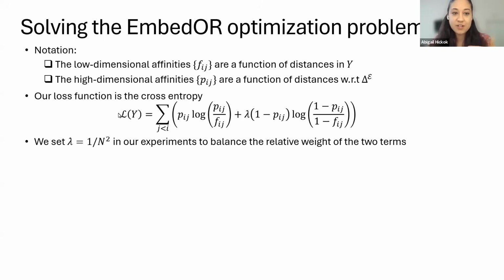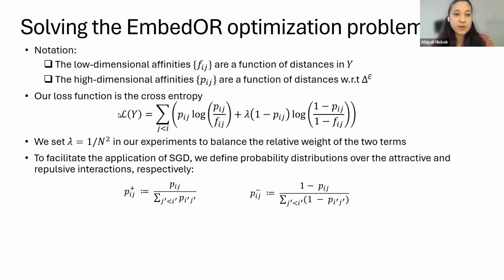You can think of this loss function as having two parts. The first part on the left is an attractive term that says for points that have high affinity in the high dimensional space, we want them to have high affinity in the low dimensional space. And the second part, weighted by lambda, is the repulsive part that says if they're far apart in the high dimensional space, we also want them to be far apart in the low dimensional space.